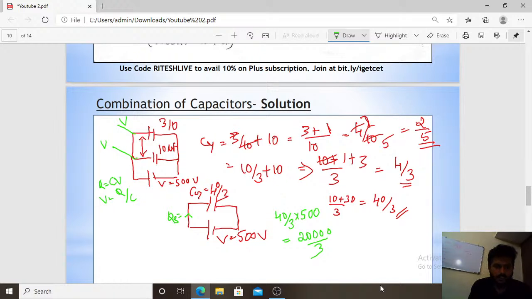So Q value will be C into V. Is that correct? 20,000 divided by 3. So the V value will be 20,000 divided by 3 into C equivalent, the denominator is there. When it goes up, it stays in the numerator. Okay, C value how much?